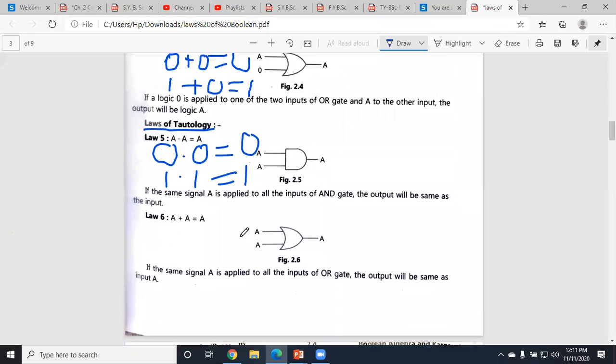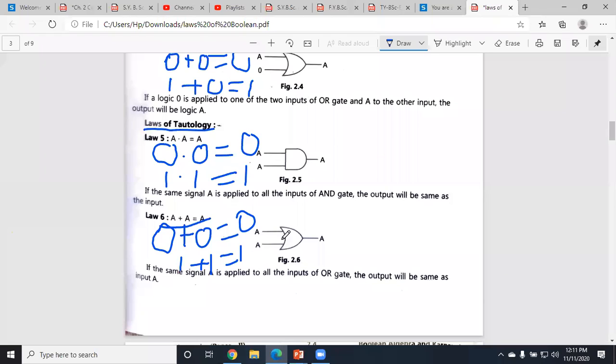The next law of tautology is addition. If you are adding any variable with the same variable, the answer is again going to remain the same as the variable. See, 0 plus 0, answer will be 0 only. 1 plus 1, answer will be 1 only. Same thing.